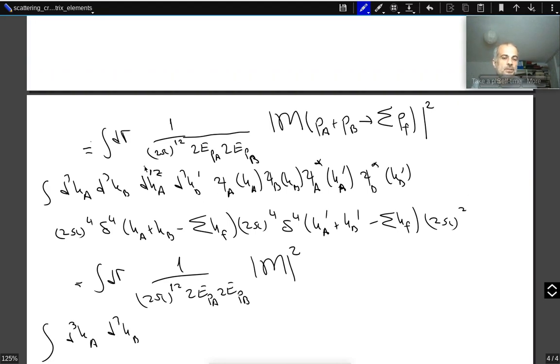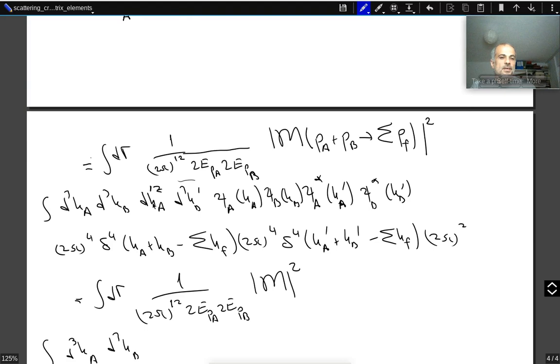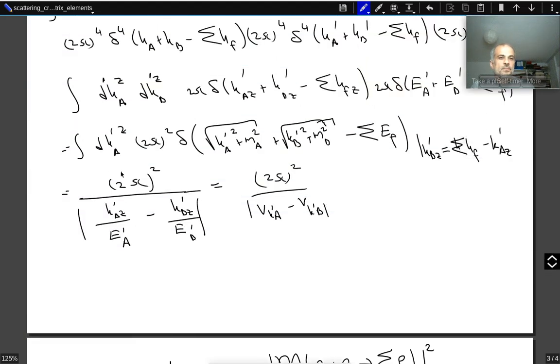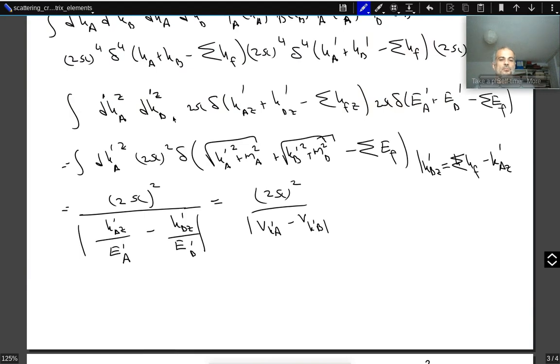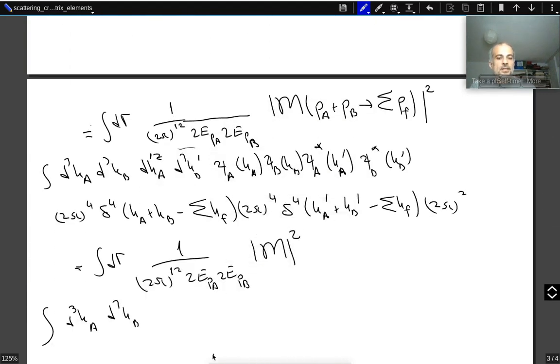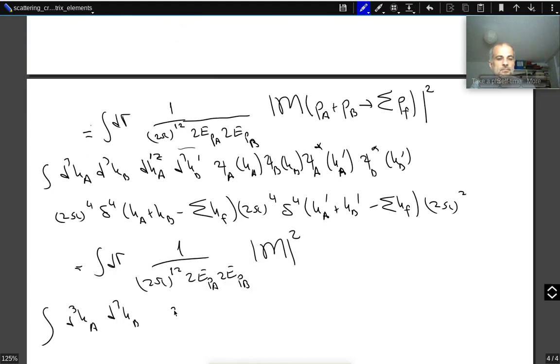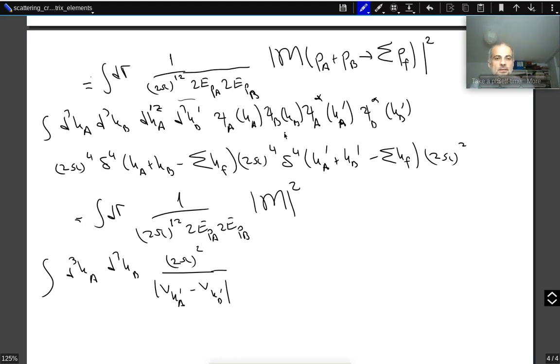Now we had evaluated the ka z and kb z integrals, the ka prime z and kb prime z integrals. They gave us 2π squared divided by |v(ka prime) minus v(kb prime)|, multiplied by the remaining Dirac deltas and the wave functions.